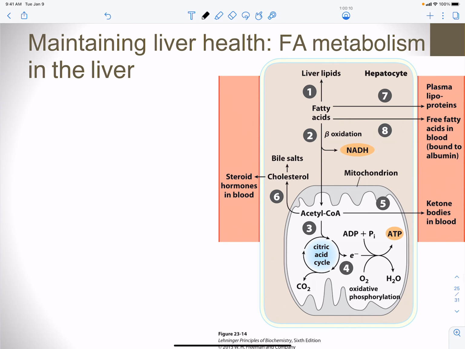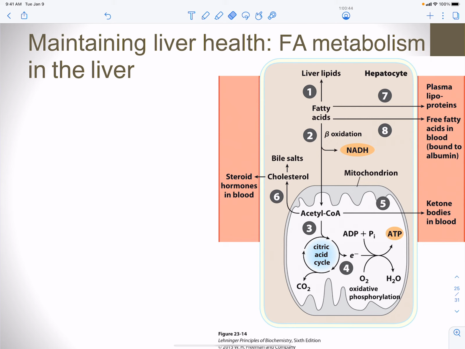So overall, with respect to fatty acid metabolism, this all depends on what state you're in, what the needs of your liver are, whether you need to generate bile salts, or make cholesterol nuclei for bile salts or steroid hormones, etc. So your fats can be converted to liver lipids. During the fed state, they are especially oxidized to acetyl-CoA and NADH.